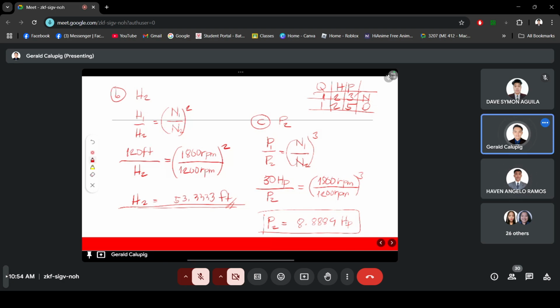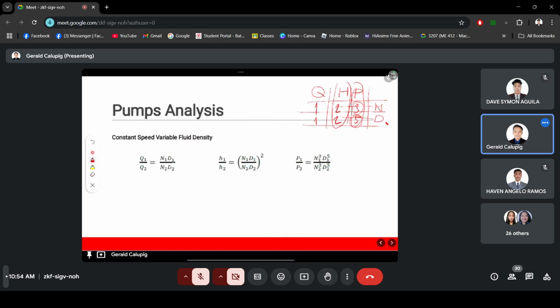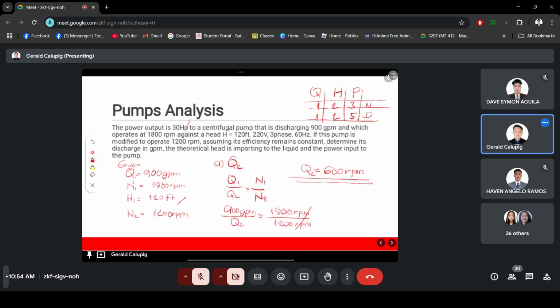Yung 5 is yung sa pump affinity laws, dito sa formula natin. Okay? Okay na?